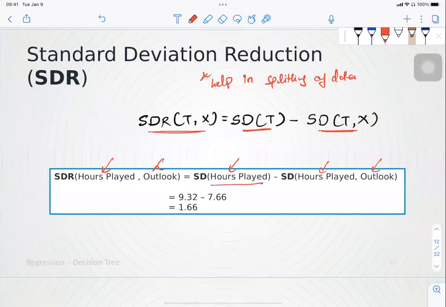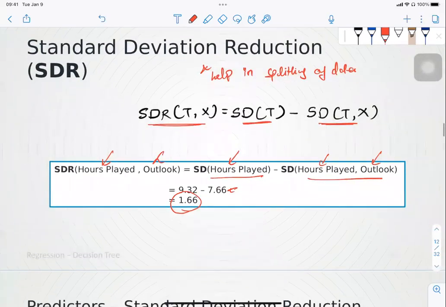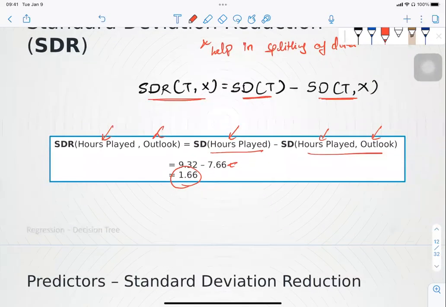All these values were calculated in the previous slides, and we just plug them in and we get 1.66. As you can see, the standard deviation reduction is less here, so there may be less homogeneity.